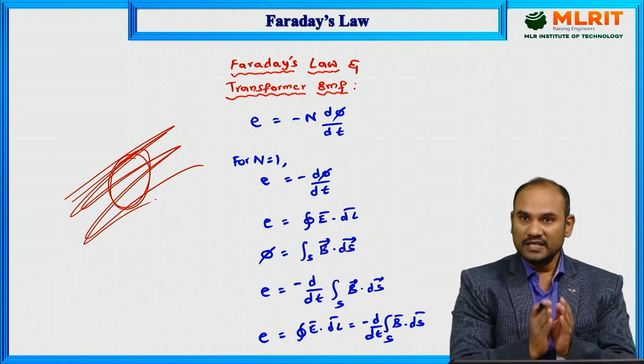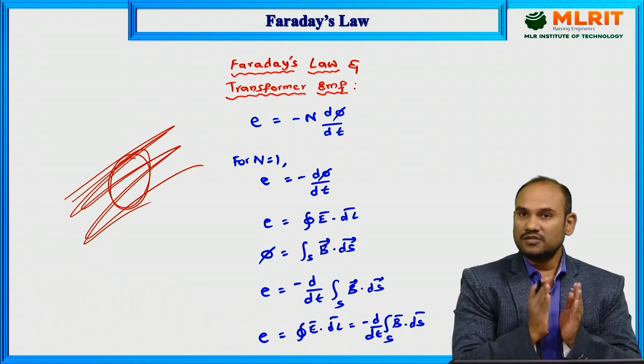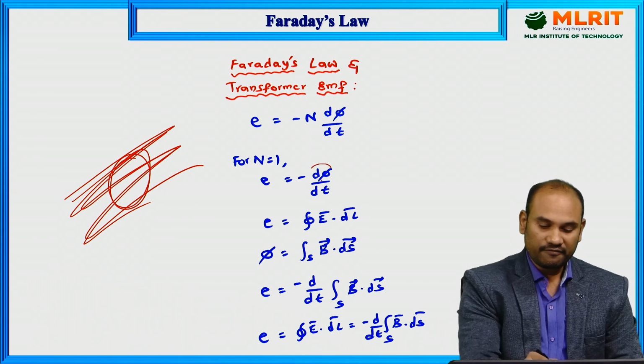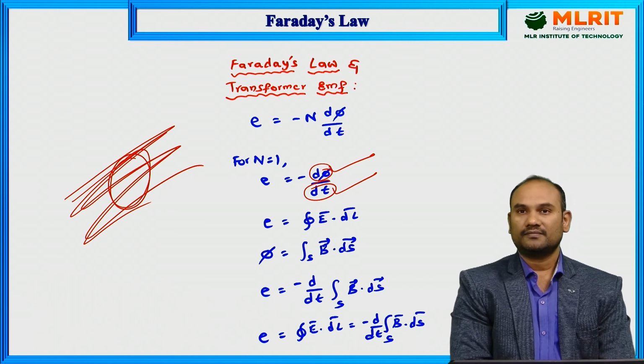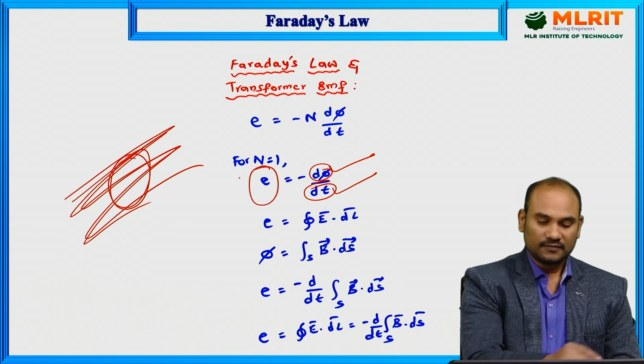That magnetic field is changing with time. So that magnetic flux is also changing with time. Because it is changing with time, we are saying d phi by dt, change in flux with respect to change in time. Now, in that presence, you are placing a conductor. What will happen? EMF is induced in the conductor.